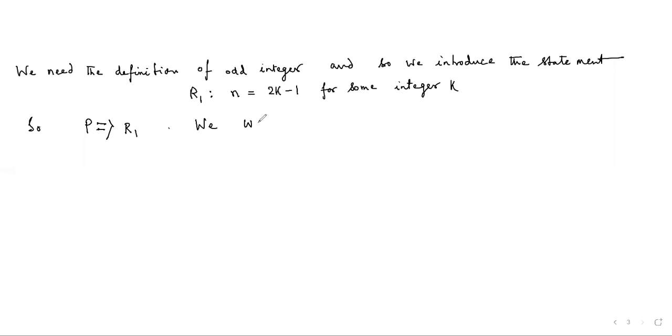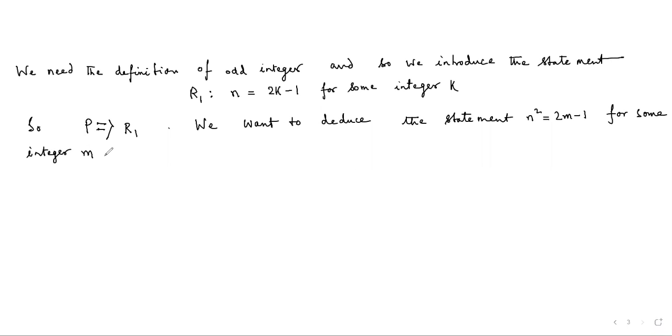So we want to deduce the statement n square is equal to twice m minus 1 for some integer m, since this would imply Q. So my logic is, I'm going to calculate n square.